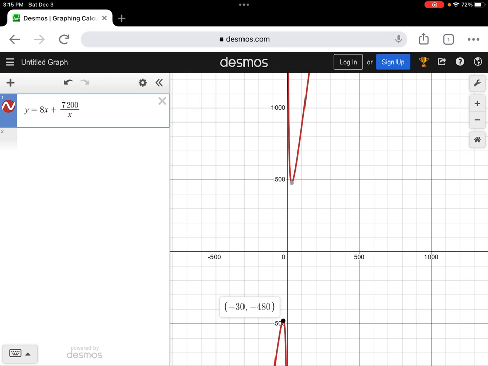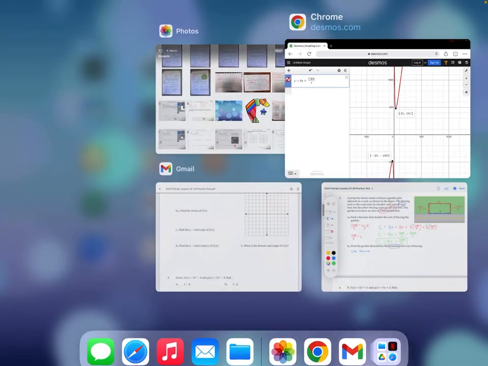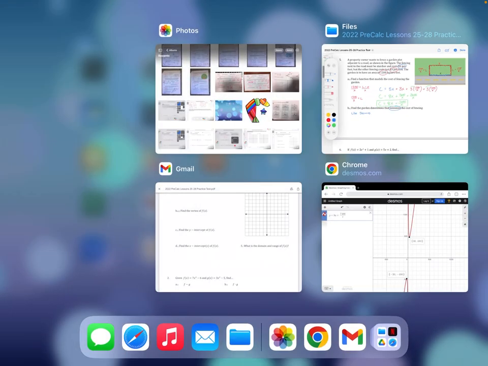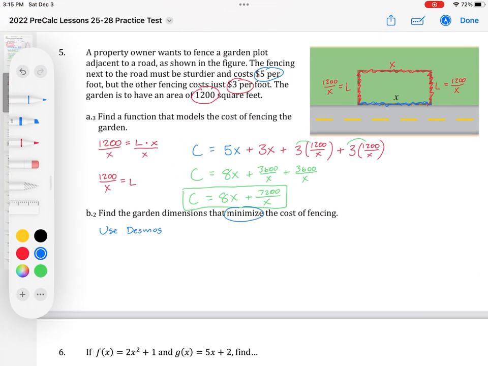We don't really care about this part because we know that we're dealing with area and dimensions, so we can't have a negative dimension, okay? So we're going to use this value here, 30 comma 480. That point is like our x and our y. So 30 comma 480, that's that local min.